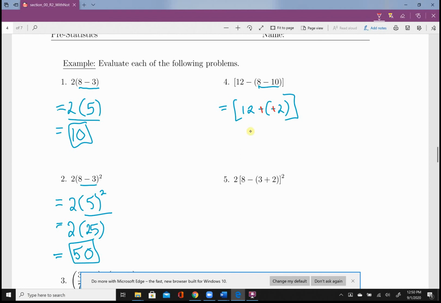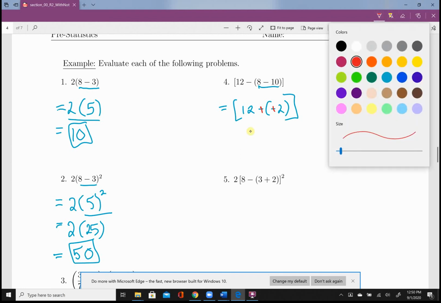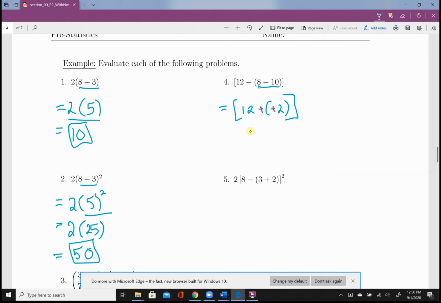Hopefully everyone knows what to do here, and if you need a little bit more explanation, I'm happy to give it. Otherwise, that was probably enough to get you refreshed on that. So that's actually 12 plus 2, which is indeed 14. And at this point, we really don't need the brackets anymore. 12 plus 2 is just going to give us that 14, and that's our final answer.